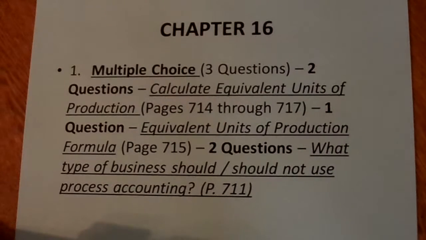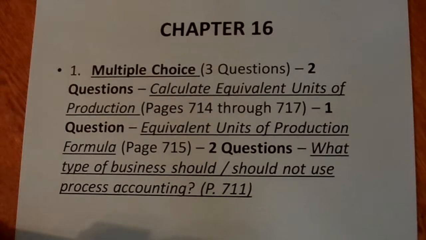With regard to chapter 16, there are 3 multiple choice questions in total. 2 of them have you calculate the equivalent units of production, and one of them has you pick out the equivalent units of production formula. Let me tell you that these equivalent unit calculations are very simple. So I know from hearing from a number of you that the pre-built problem that dealt with this in chapter 16 was complicated.